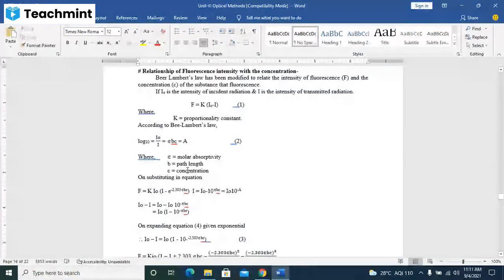Sorry, just the step is mistaken. Just I am making the correction here.